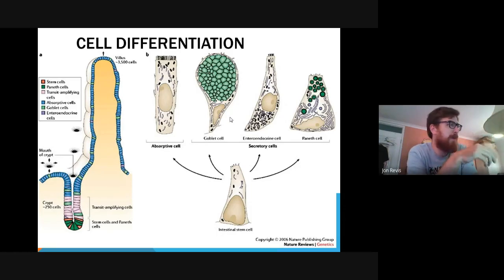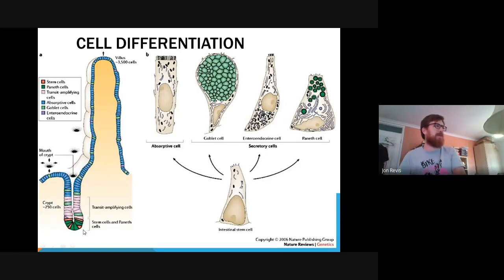For example, here you can see at the bottom of the crypt of the intestine, which is probably where you'll have some goblet cells that release different biles and acids and things like that, there are also some stem cells.